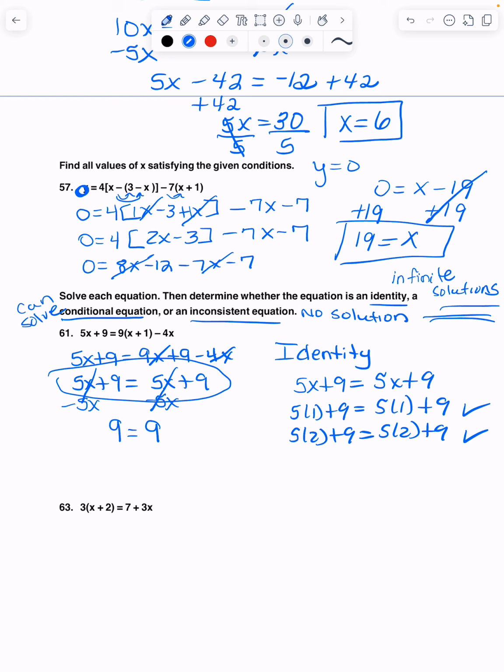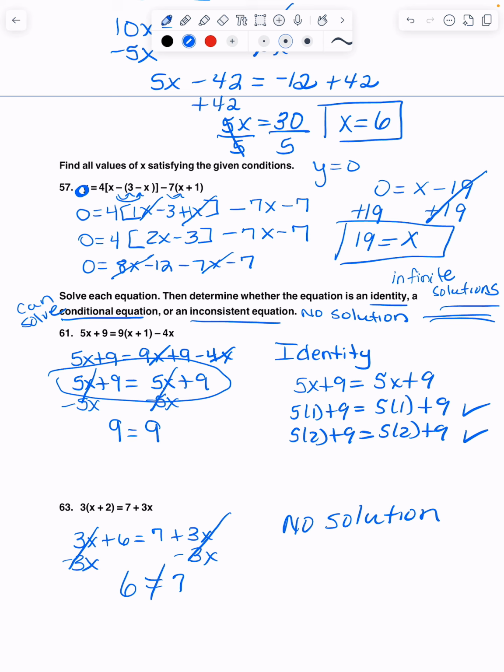Let's look at 63. Let's try to solve it. Distributing. Now I'm going to get the x's on the same side. In this case, the variable cancels out, but the remaining statement is not true. This is going to be a situation where this does not have a solution.